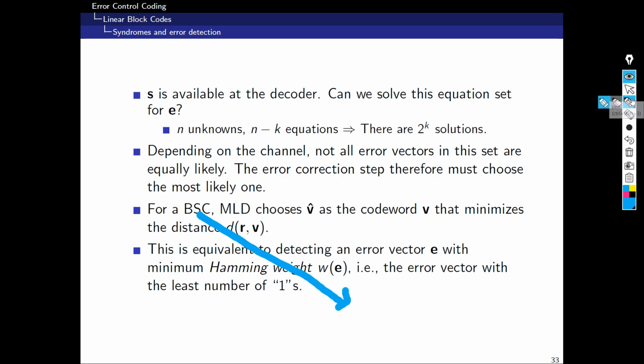In a binary symmetric channel, you can transmit 0 or 1. Now, if you transmit 1 and receive it wrongly as 0, there is a probability for receiving it 0. We call it probability 0, 1.